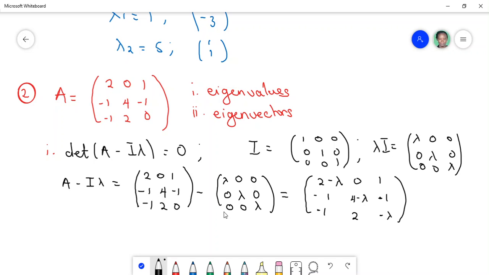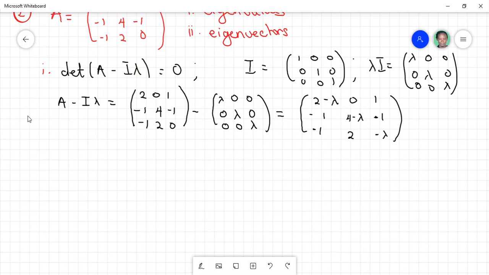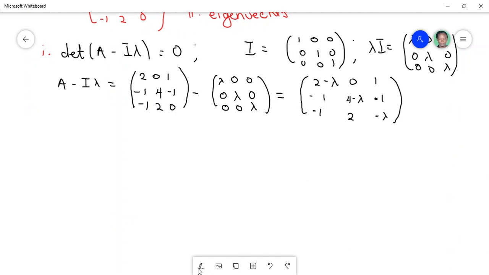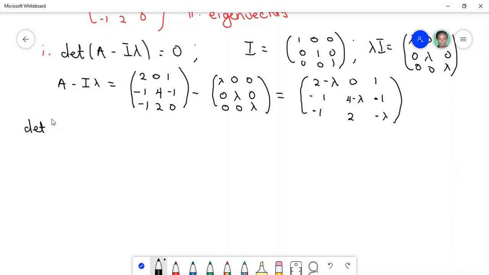So let's find our determinant. We've already learned determinants for a 3 by 3 matrix in our previous lesson. If you've not watched the video, I urge you to kindly watch the video on finding the determinant of a 3 by 3 matrix. This implies that we have 2 minus lambda times, minus lambda times 4 minus lambda, plus 2.